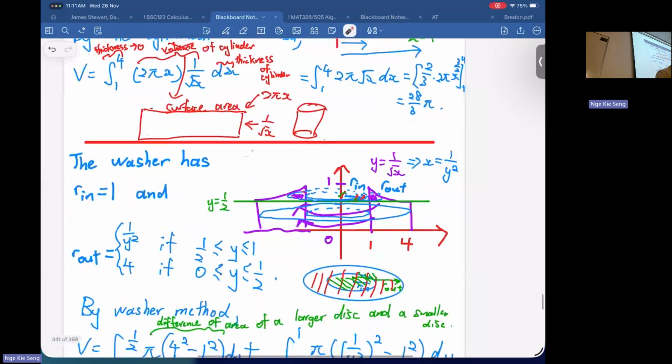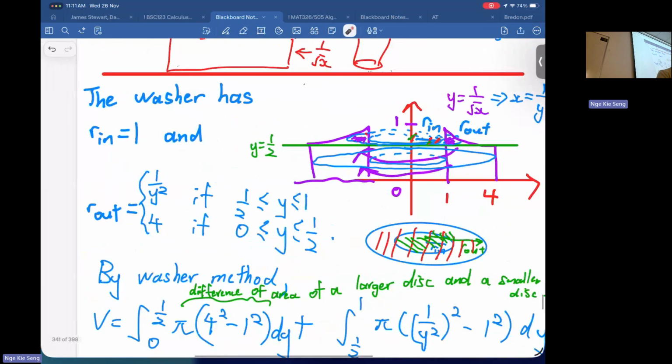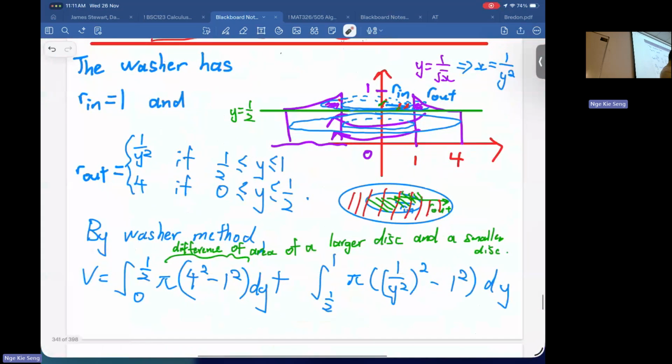Anything I want to update? Okay, so there's maybe something counterintuitive happening here. For example, in this washer method, I slice the space in the x direction, but somehow I integrate in the y direction. You might think this is counterintuitive, but look at your drawer. How do you put your books in? In the x direction. But how do you count your books? 1, 2, 3, 4, 5, 6, 7, 8, in the y direction.